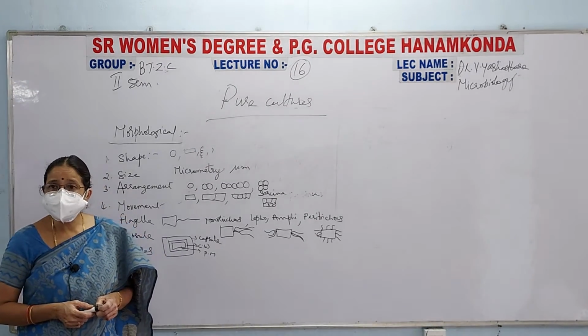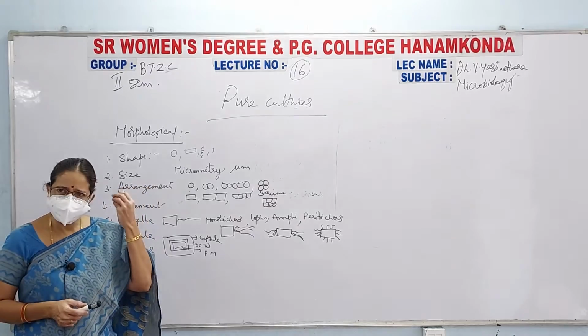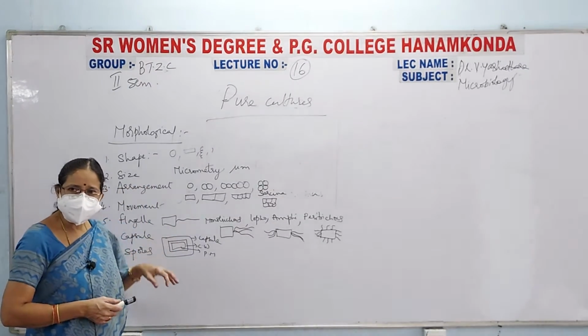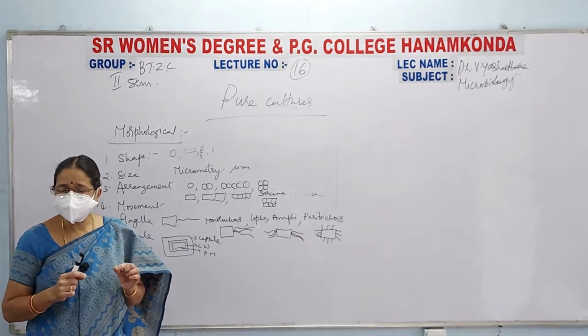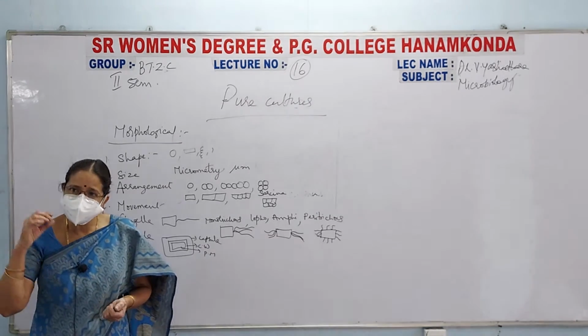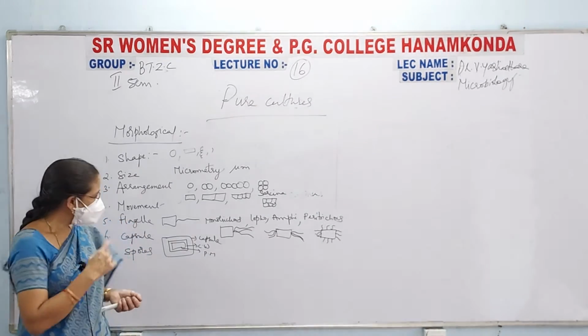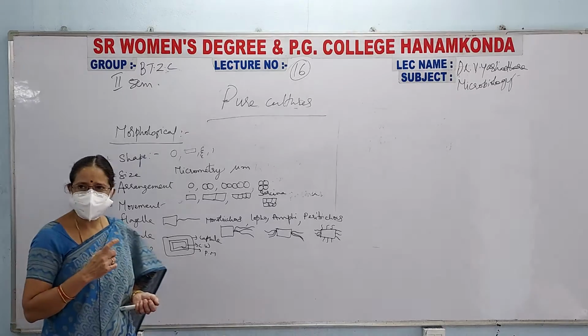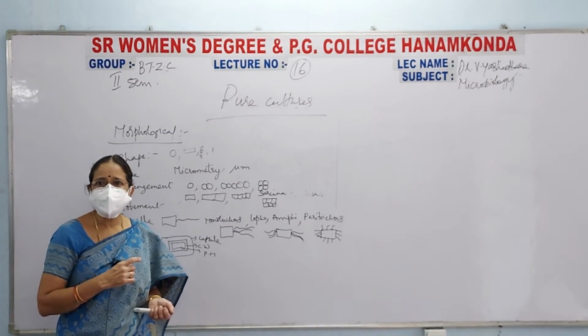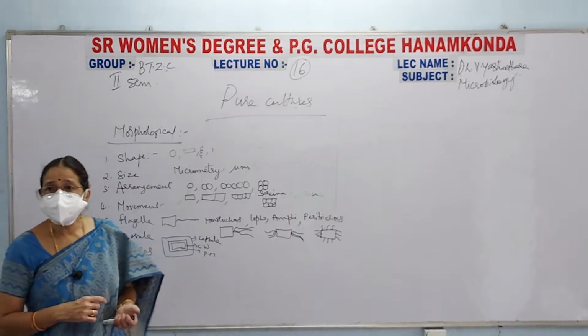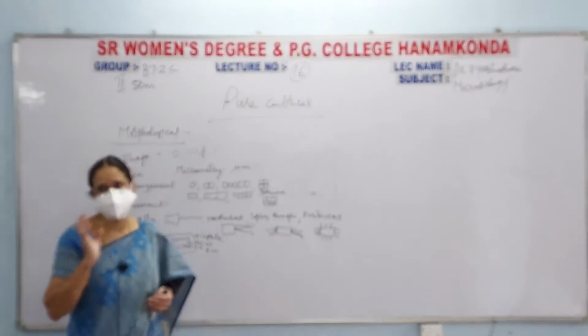That means they can cause diseases, because even if you use medicines, due to the presence of that thick capsule, the microorganism is protected from the effect of your medicines. For that reason, the microorganisms having a capsule are generally pathogenic, that has the capability to produce disease.